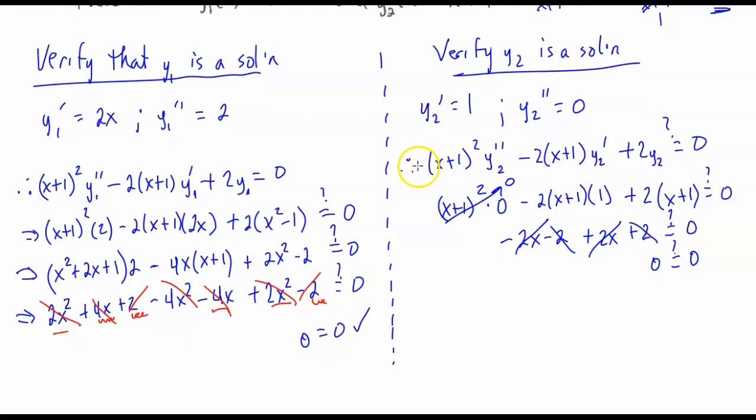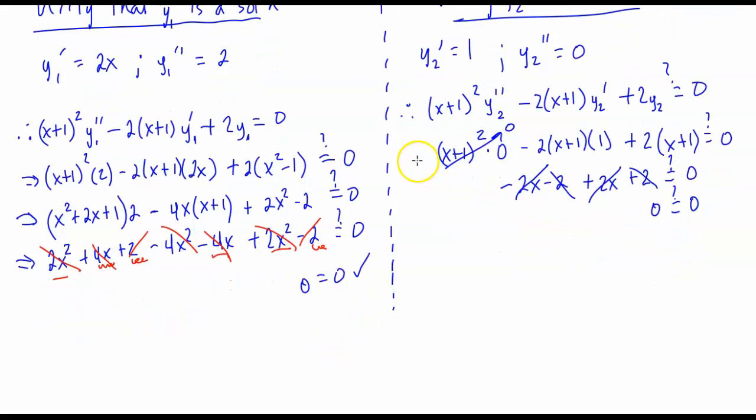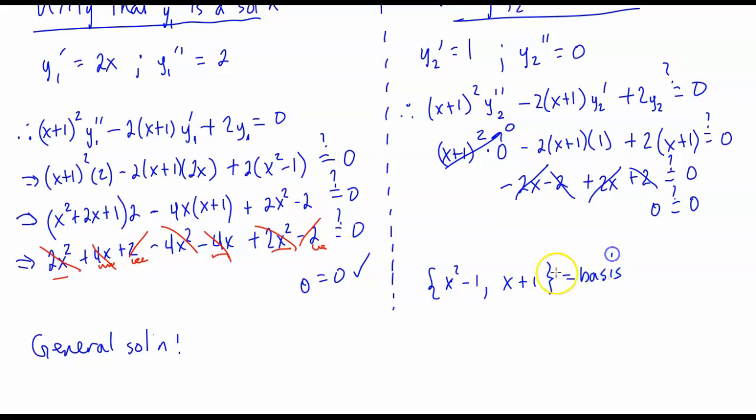So now that we know that, then of course, for our general solution here, we know that the functions x squared minus 1 and x plus 1 are going to create what we call a basis of solutions for our ODE.